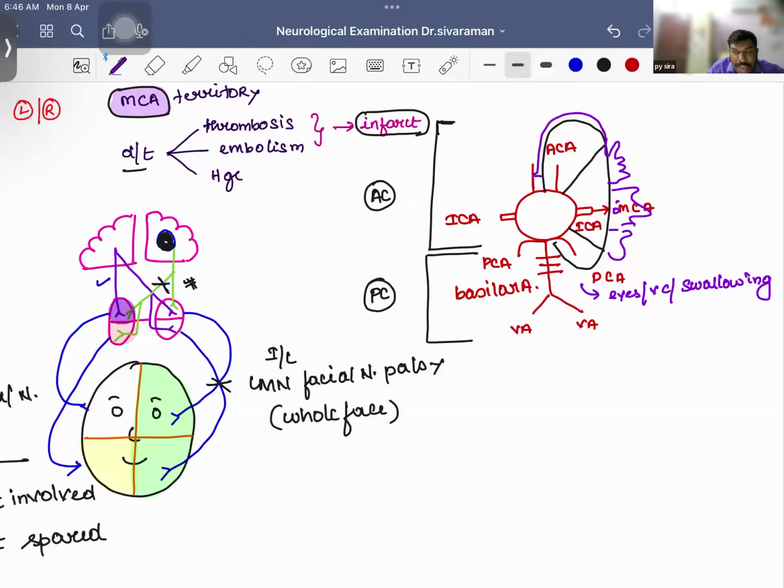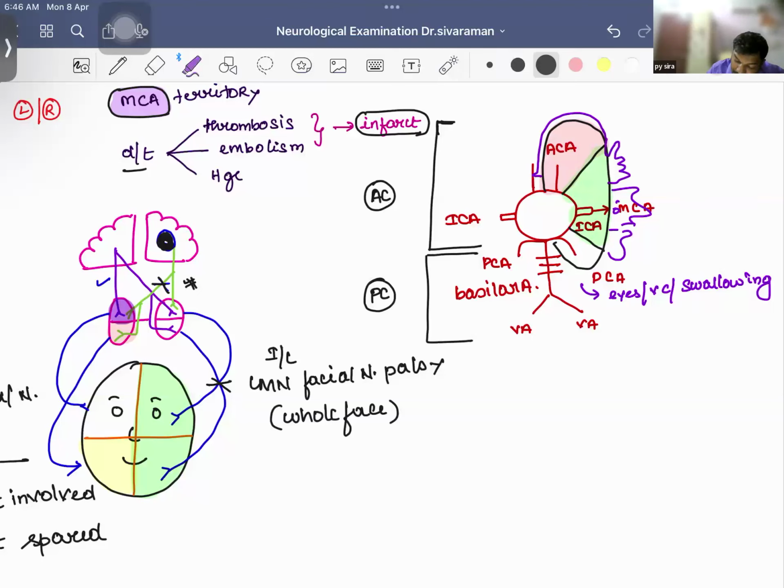If a patient has lower limb involvement, which artery are you going to put here? When a patient presents with lower limb involvement predominantly, which artery? ACA artery. Whenever a patient has predominantly hand and face involvement, faciobrachial monoplegia, it is going to be MCA territory.